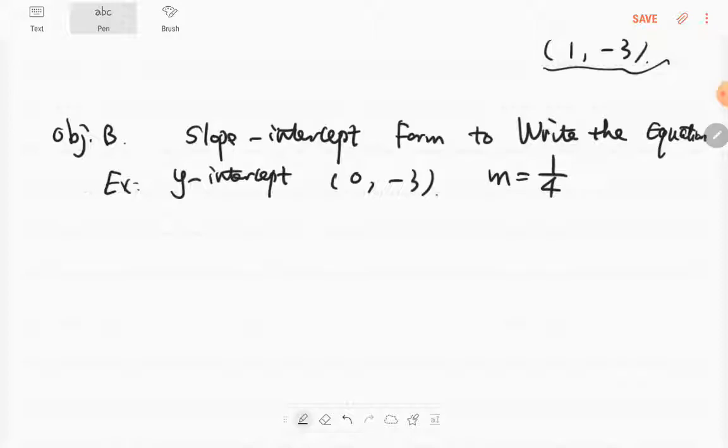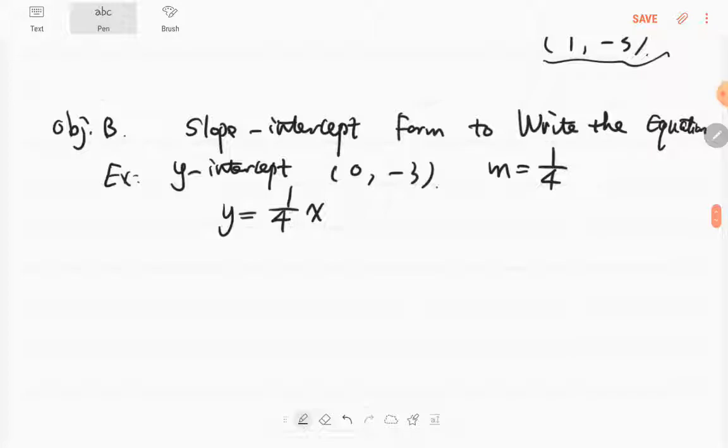We need to use this information to help us write the equation of the line. So we know y is equal to the slope, the coefficient of x, and it will be negative 3. We only pick the y value here. So our equation will be like this one.